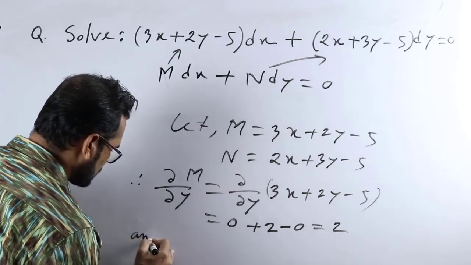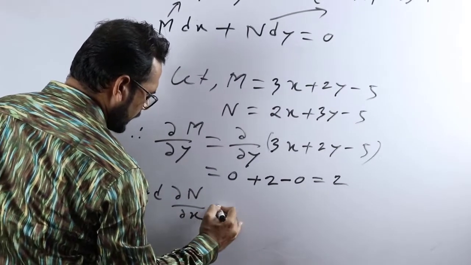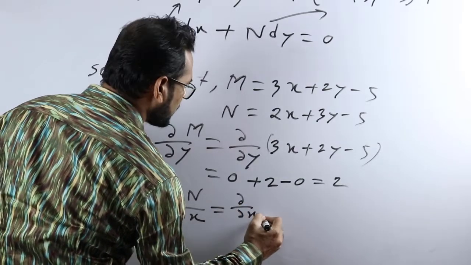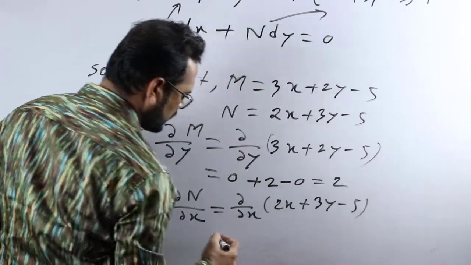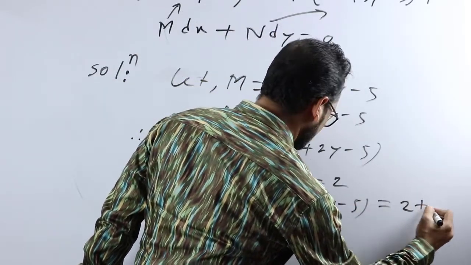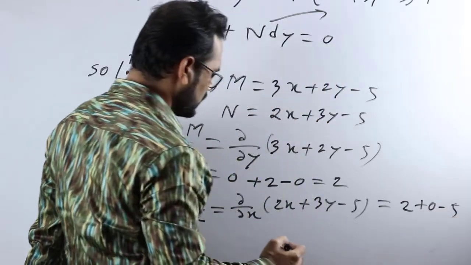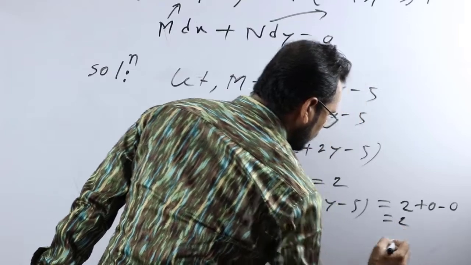And del x of N is equal to del x of (2x + 3y - 5). So this is 2 + 0 - 0, which is equal to 2.